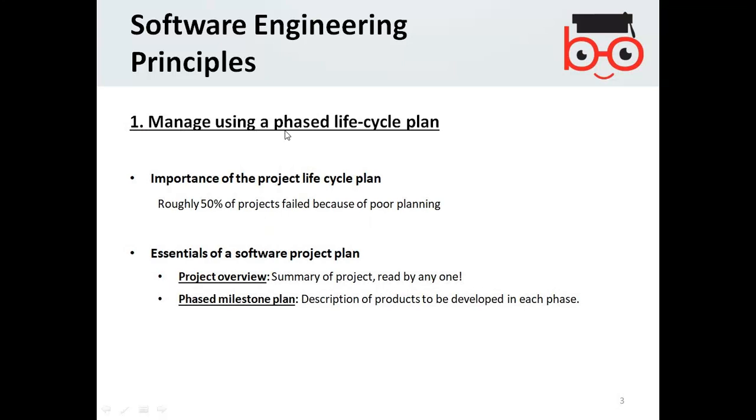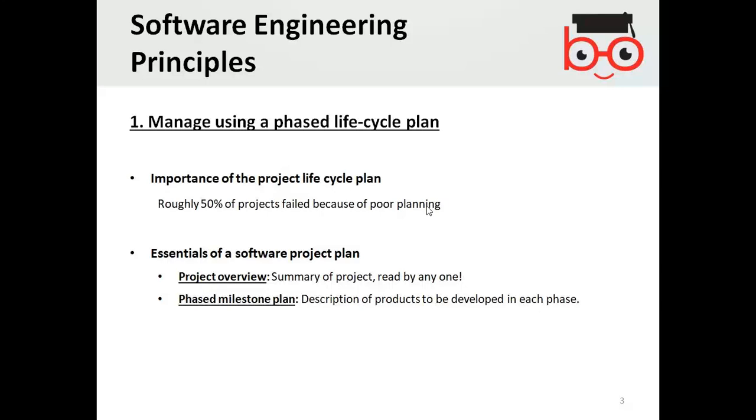Manage using a phased life cycle plan. The importance of the project life cycle plan is that roughly 50% of projects fail because of poor planning. Planning is based on getting the requirements, designing the software after getting the requirements, then implementing it, testing it, and maintaining it.